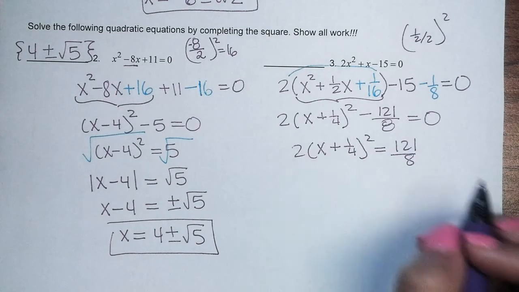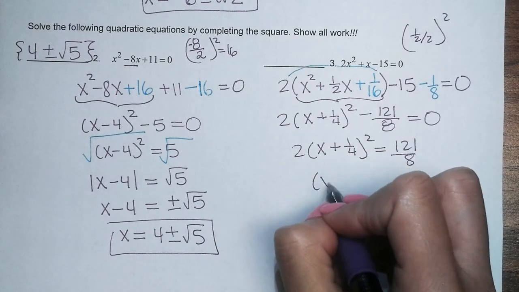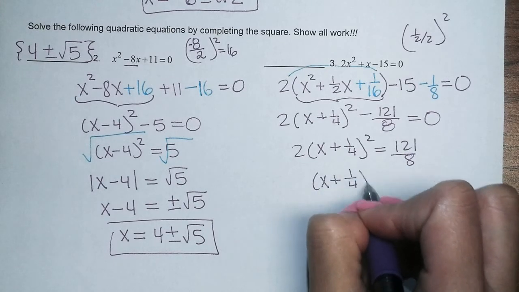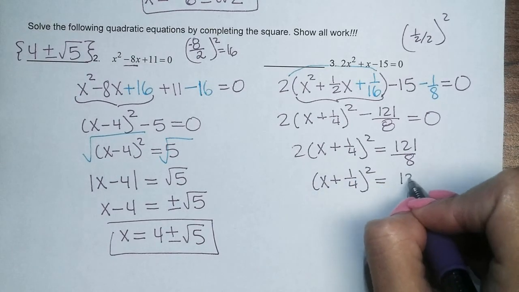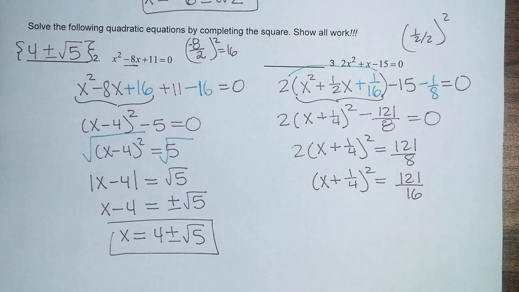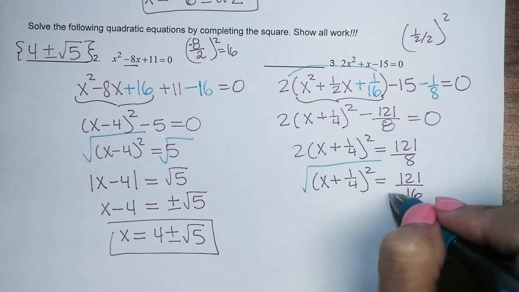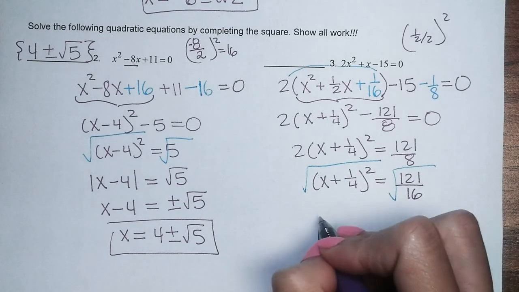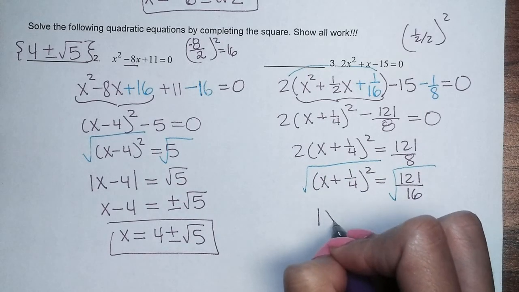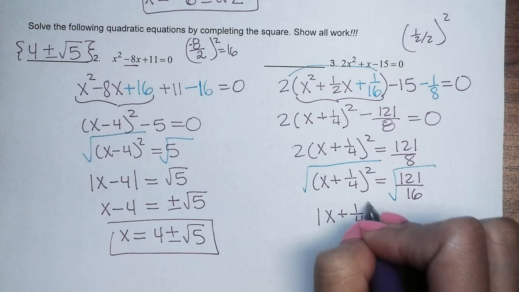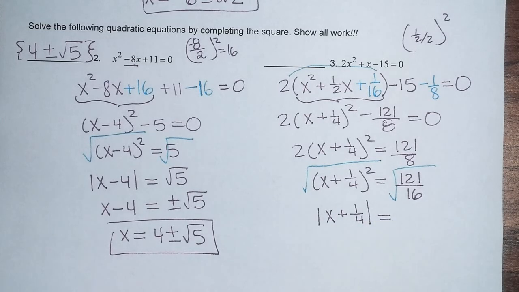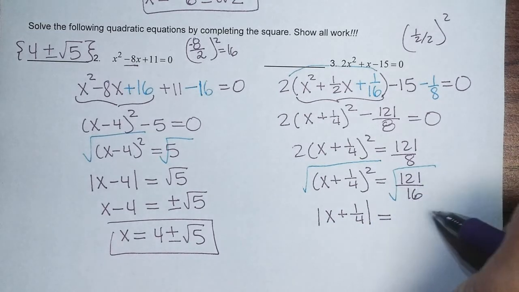Get rid of the 2 by dividing both sides by 2. So x plus 1/4 squared equals 121 over 16. Take the square root of both sides. This is always going to give me an absolute value: the absolute value of x plus 1/4 equals the square root of 121 over 16.